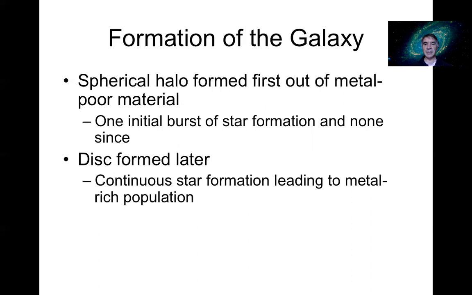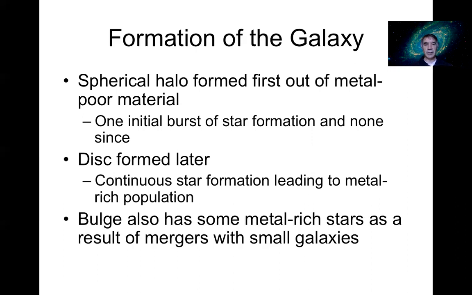You get lots and lots of cycling of gas and dust into stars, and then the stars evolving and going supernova and planetary nebulae, enriching the interstellar medium in heavy elements, continually cycling. Star formation in the disk is thought to have been going on continually for many billion years. And that's why we now have the metal-rich Population I objects in the disk of our galaxy.